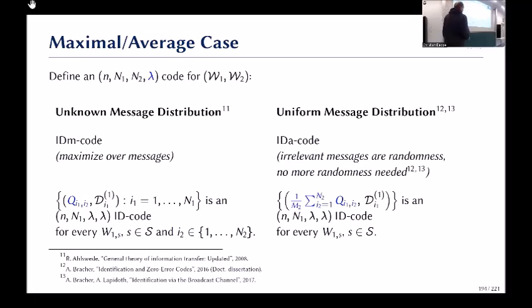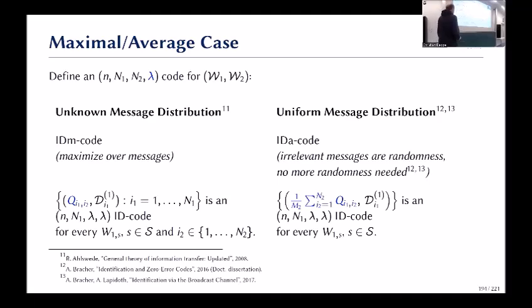And here it's an IDA code. So irrelevant messages are randomness. No more randomness is needed in this case. And here you see you have your averaging, and here you can't average because you look at maximal error. So these pairs are an ID code, and here you have this as an (N, 1, 2, lambda) ID code. You see a lambda 1 and lambda 2.